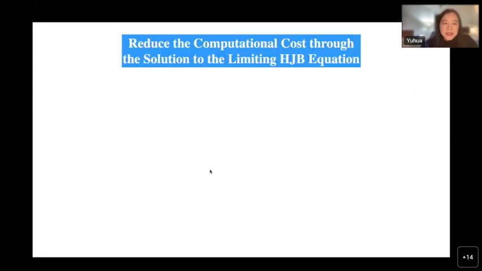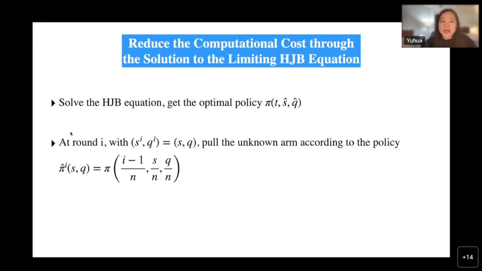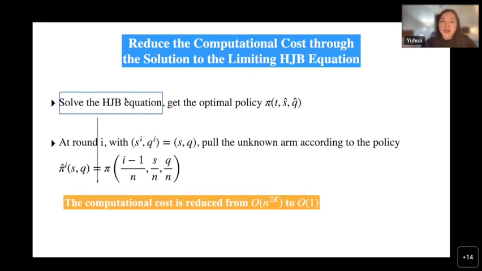And then how to have a more efficient algorithm based on the solution to the HJB equation. The idea is also simple. First we solve this HJB equation, and the computational cost of solving it is order 1, which means it is independent of this horizon n.